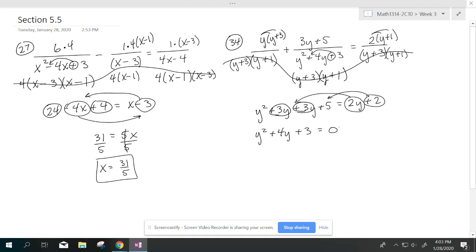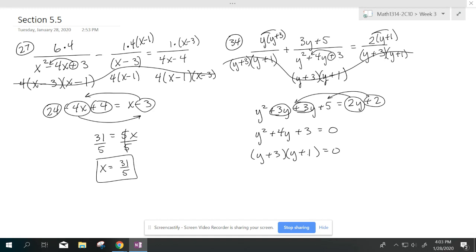And I don't know if you noticed or not, but this quadratic, are y'all looking? This guy is exactly the same as that guy. So do you think this guy's going to factor the same? Let's factor it up. Y plus 3, y plus 1. Going to factor exactly the same as it did before.